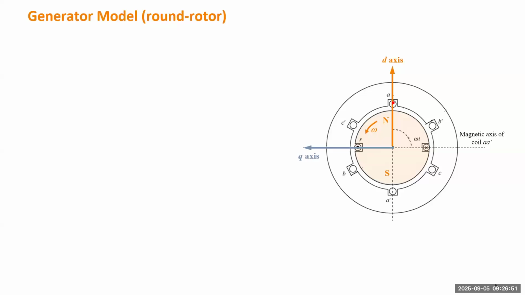Since we're going to use the cosine function to model the flux linkage, we trace back 90 degrees: when the D axis is pointing in this direction, that is really the starting time. So right now, this picture is not the starting time. We let t be 0 when the N axis, which is the D axis, is aligned with winding A. So when D is parallel with this direction, that is time 0.